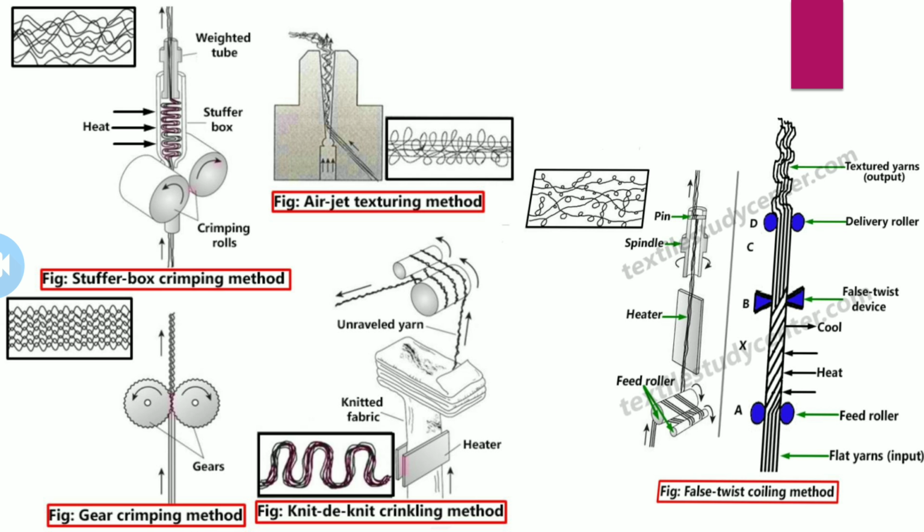So in this slide we can see a lot of pictures showing the processes of different methods, for example, air jet method, stuffer box method, etc. Here we can also see the different methods converting flat filament into different yarns. For example, false twist converts a flat filament into loop yarn.